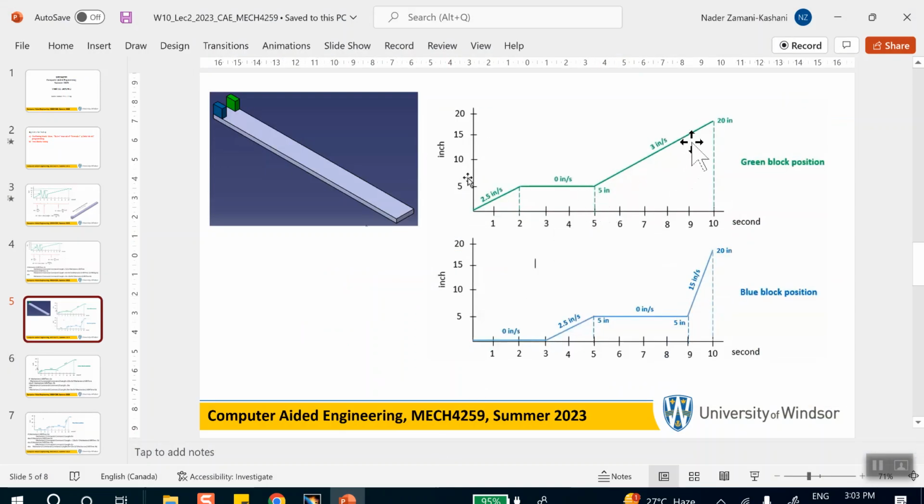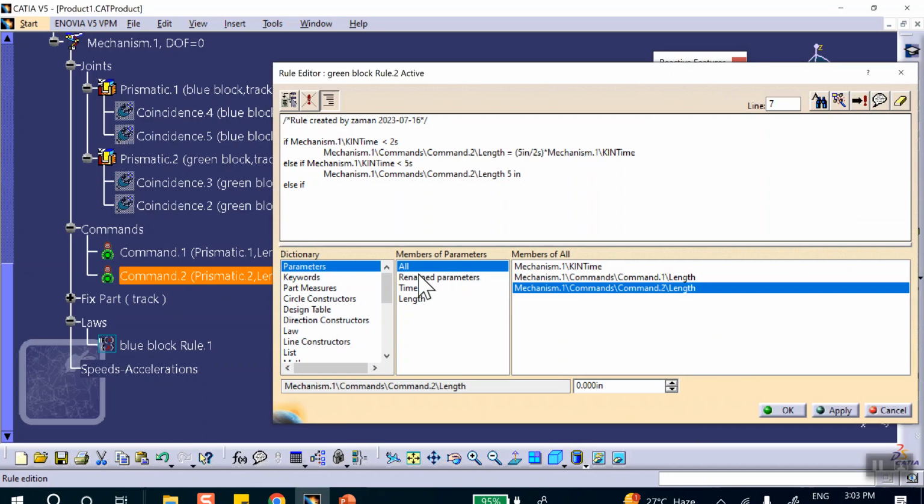If time is less than, well, we don't need else if because it goes straight up. Okay, so we don't need else if, we just say else. So else. Okay, so if else command 2 equal to 5 inches.